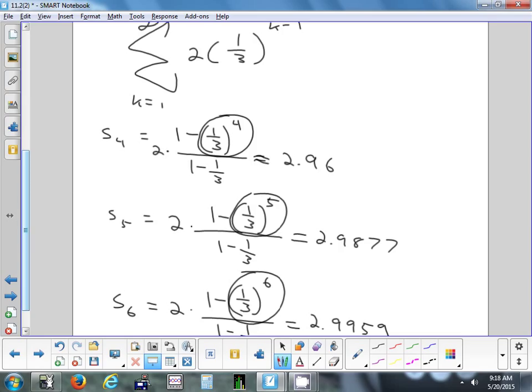Yeah, this part was getting really, really small. What was this part approaching? Yeah, this part was approaching 0. What about this thing inside the parentheses makes it approach 0? Why isn't it getting bigger and bigger? Yeah? It's less than 1. If you take something less than 1 and keep multiplying it by itself, your number gets smaller and smaller.